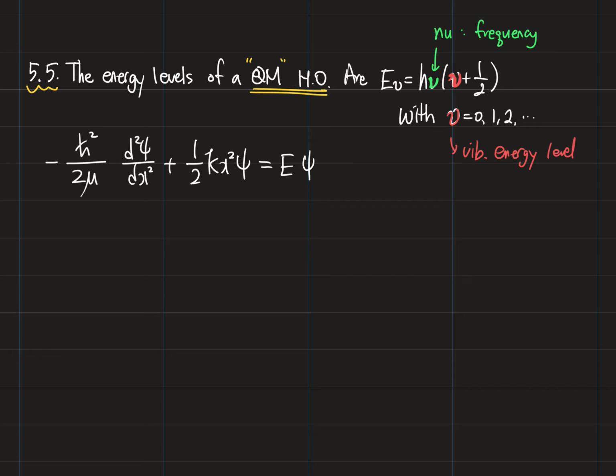We replace the potential energy part V(x) with the potential energy of the harmonic oscillator, half of k multiplied by x squared.